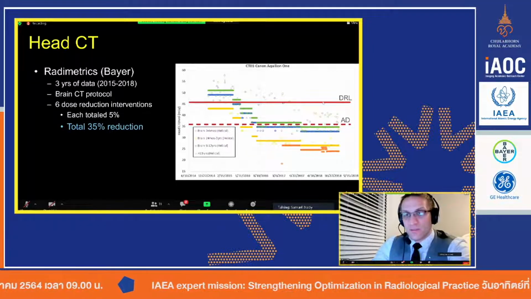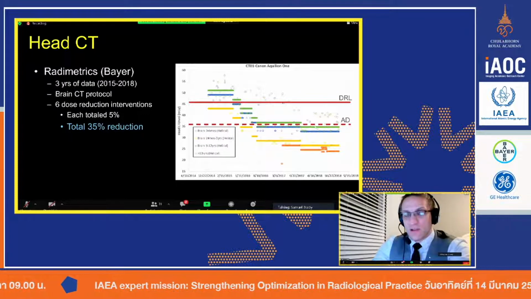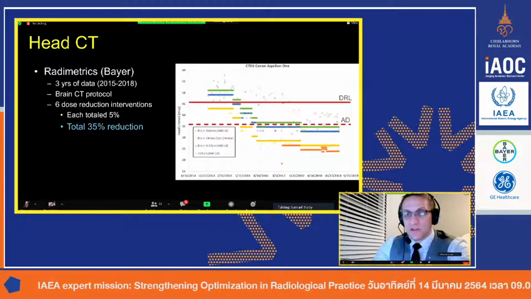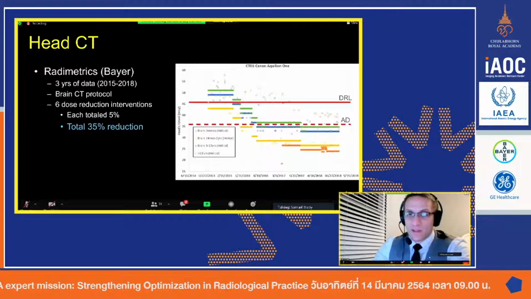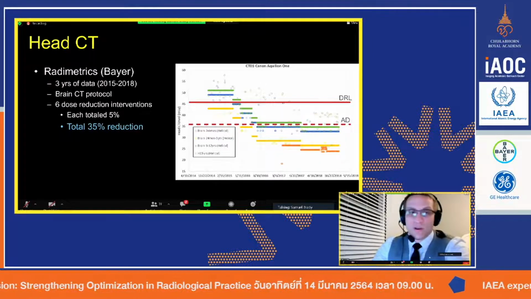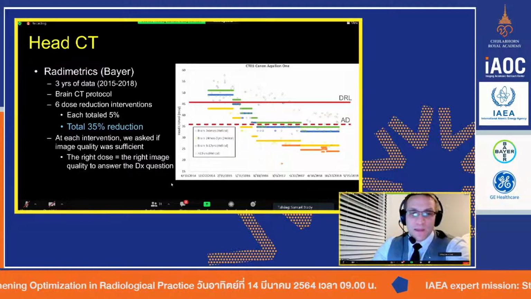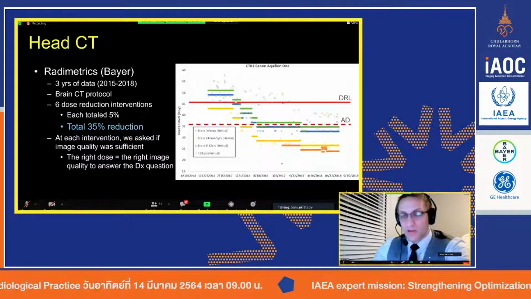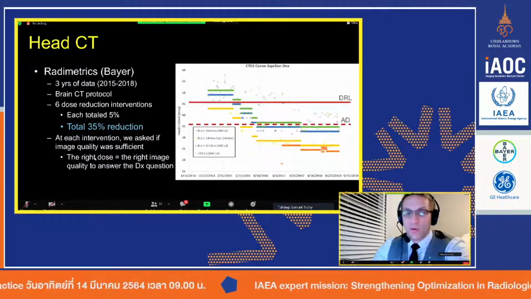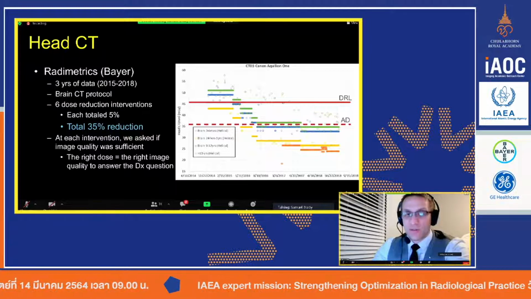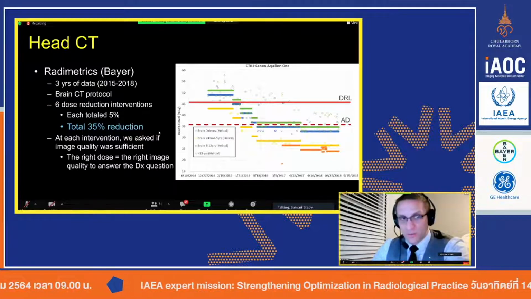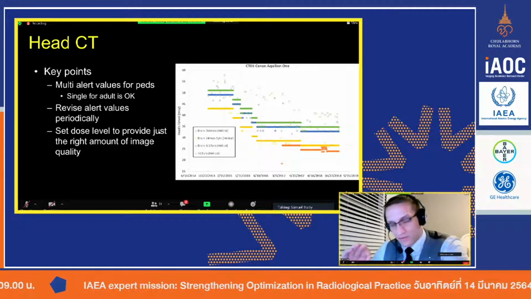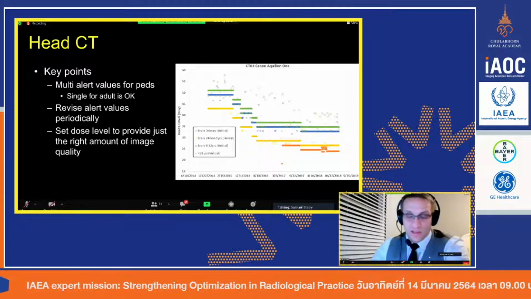They're definitely below the DRL, and they're also now below the achievable dose. And everything else reduced as well. So at every step, we reduced the dose, which is a good thing, but at every step, we were always investigating image quality, making sure that the radiologist got the right image quality to be able to do the right thing, so they could do their diagnosis.